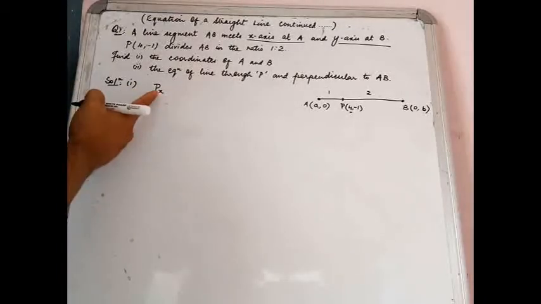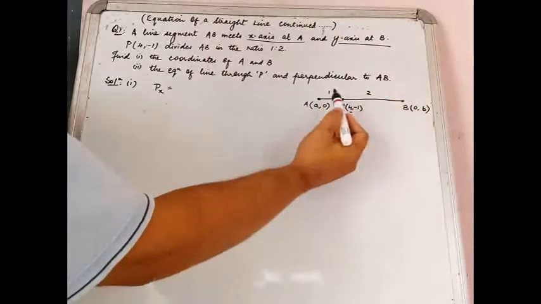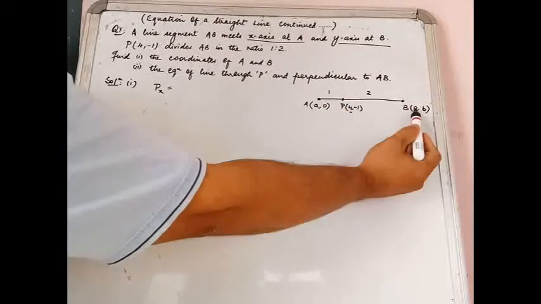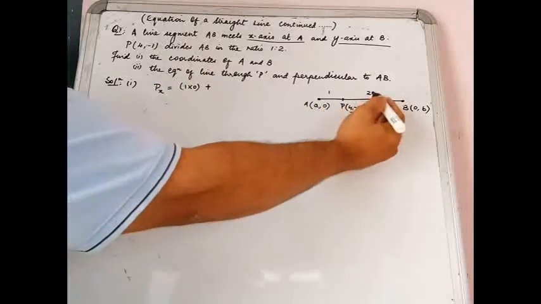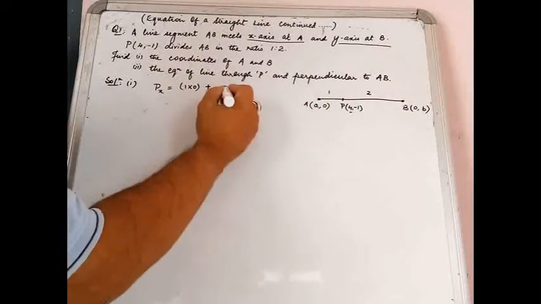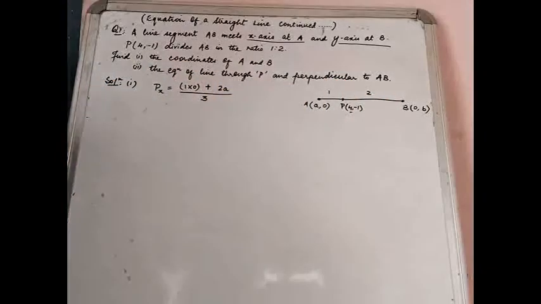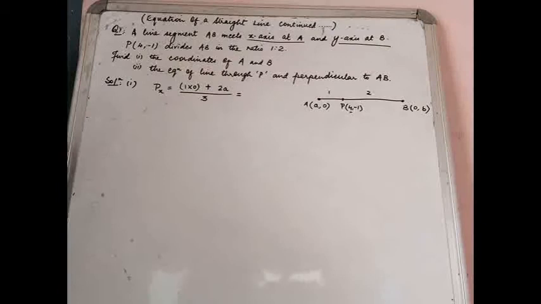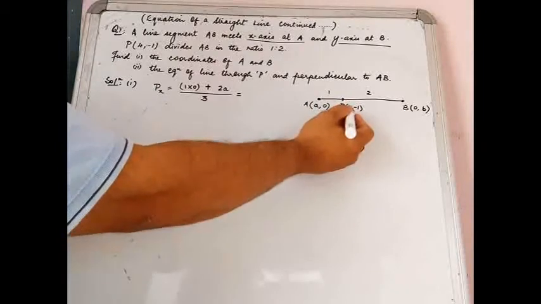Let me write down the x coordinate of point P. Now apply the section formula: this ratio number 1 multiplied by 0, so 1 into 0, plus 2 into a, which is 2a, upon 2 plus 1, which is 3. For this you must remember the section formula. This is equal to the x coordinate of P, which is 4.